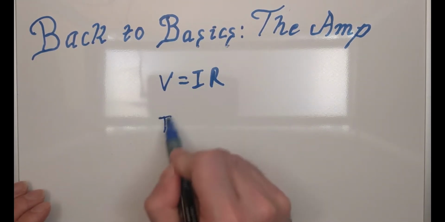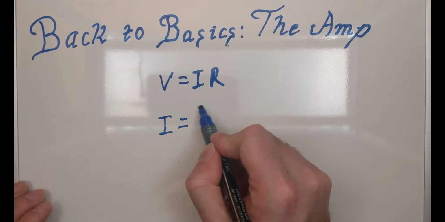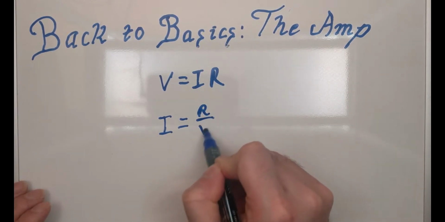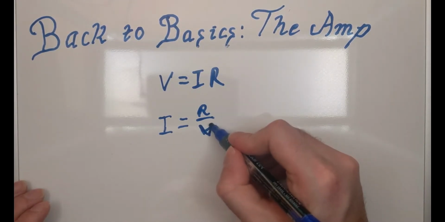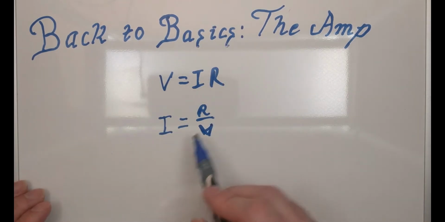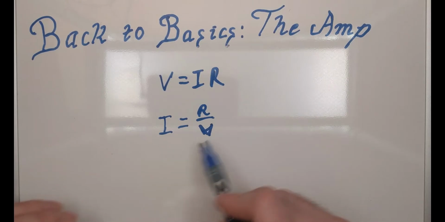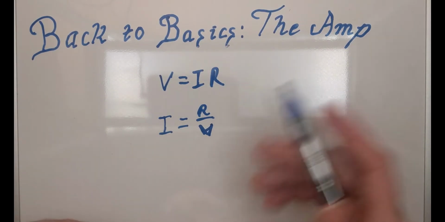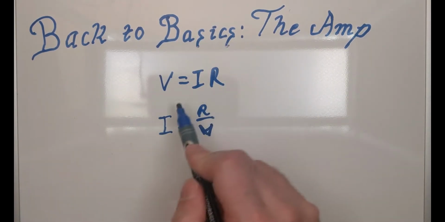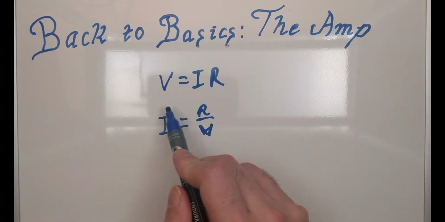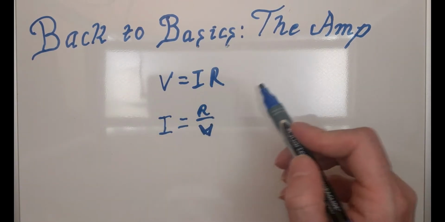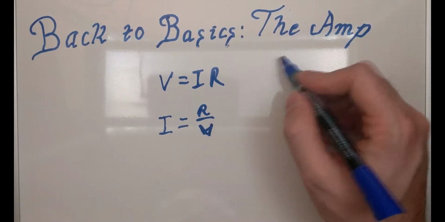So I is going to be equal to V over R. I use this a lot in my videos when I'm calculating a theoretical voltage through, say, a resistor or an LED. You use Ohm's Law if you have two known variables, and you solve for the unknown variable. You can even substitute in other variables.